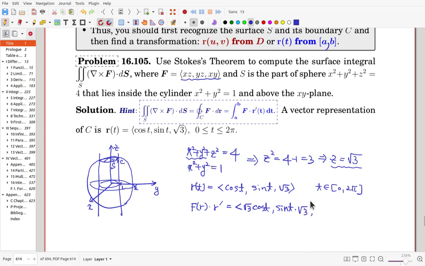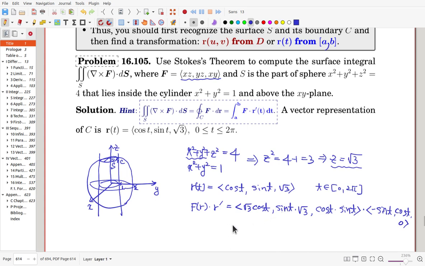And final one is xy, that is cosine t and sine t product. Now, what is r prime? R prime is minus sine t. Second one is cosine t. And final one is 0.